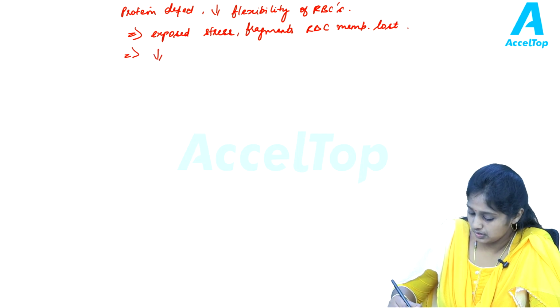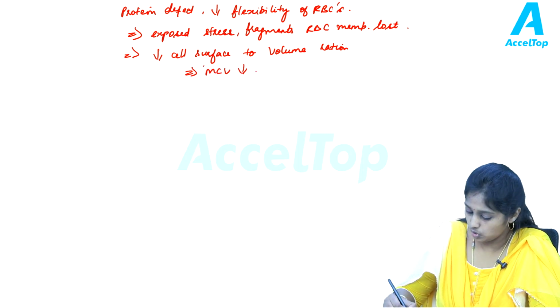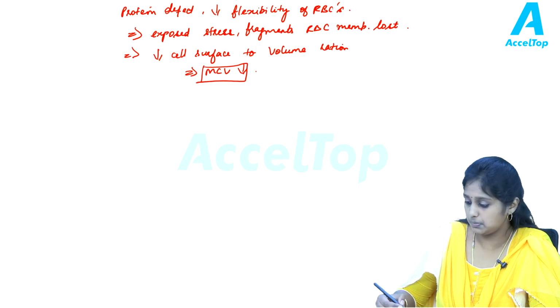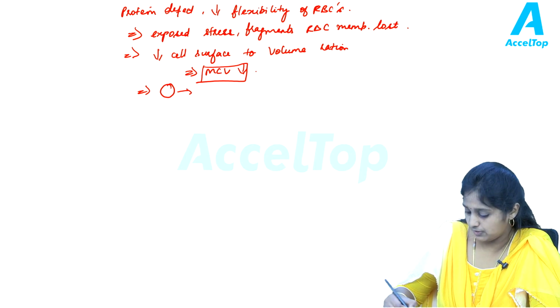There is a reduction in the cell surface to volume ratio, which means the MCV, the mean corpuscular volume, is reduced in these patients. So, these red cells become spherocytes.